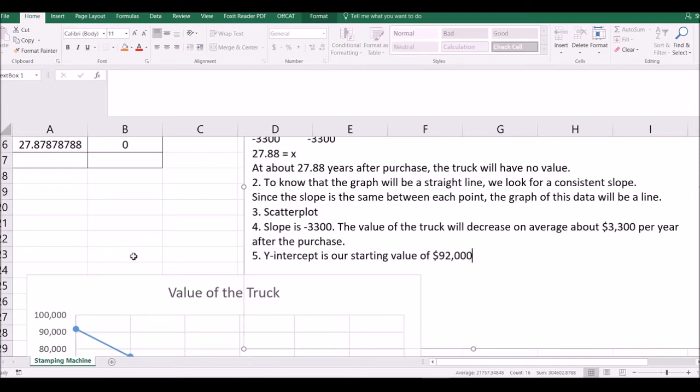The x value is 0, y value is 92,000. That's our starting value, what we started with at the actual purchase date. So starting value, let's put that in there, at the purchase date.